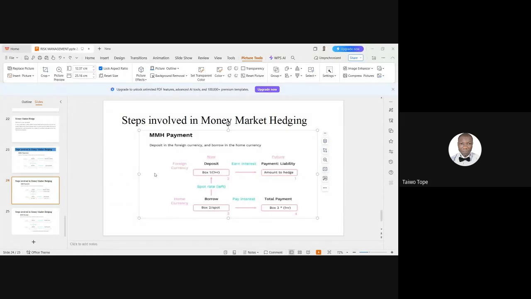Once you determine that value, you convert this foreign currency you make a deposit on to home currency. And how do you convert? There will be a spot rate. If it is in terms of payments, you use the value on the left. It means this deposit amount you want to deposit, you don't have it. You have to borrow. And once you convert this value to home currency, you borrow.